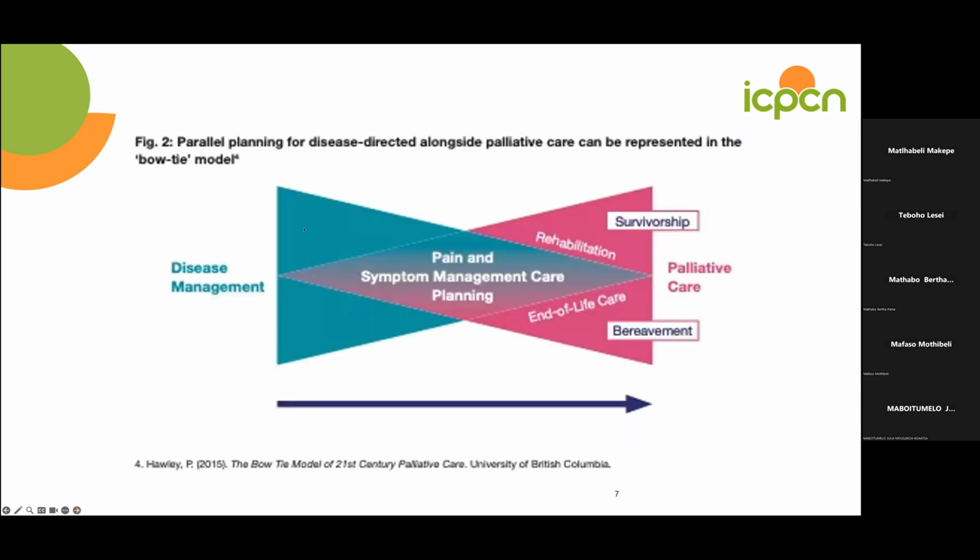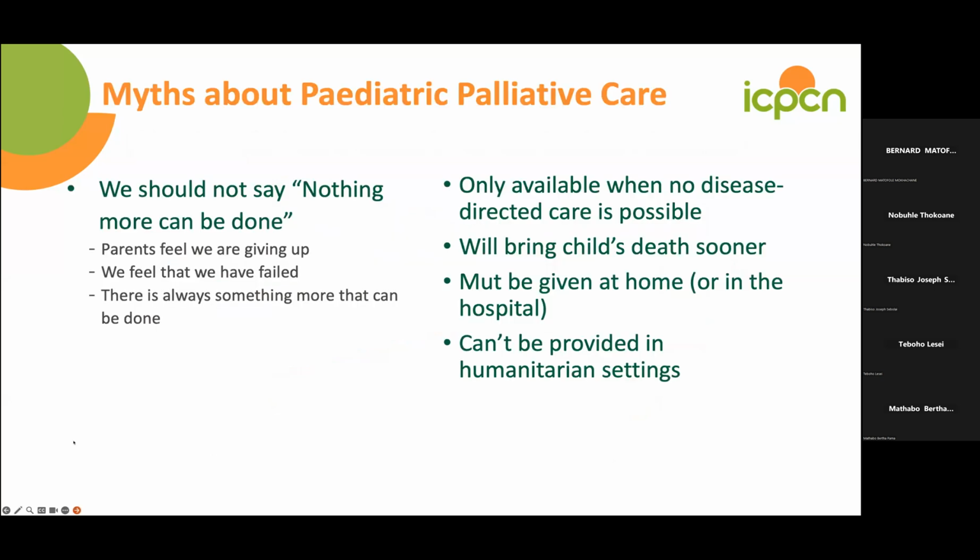It's called the bow tie model, but I like this because it shows that at diagnosis, maybe the care is more aimed at disease management, but we begin to input palliative care, and then that will change as a child perhaps moves through the disease progression to end of life and into death and bereavement. But it shows clearly that the two should be going hand in hand, disease management and palliative care.